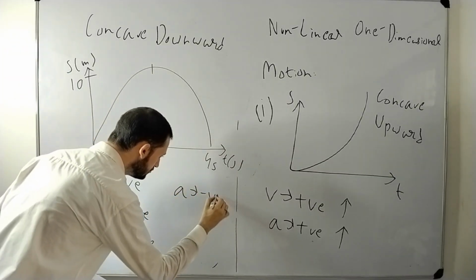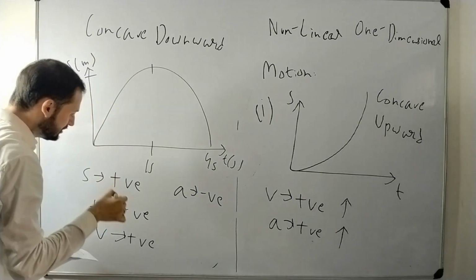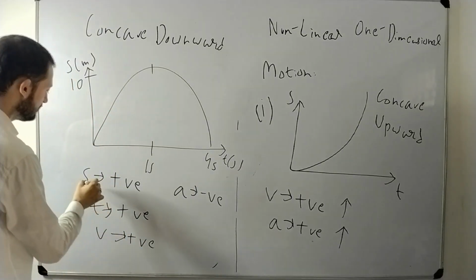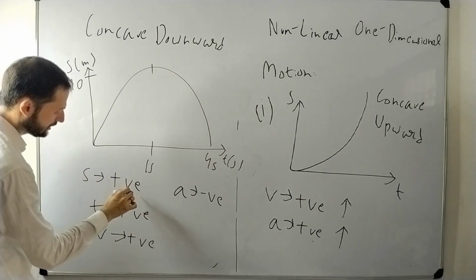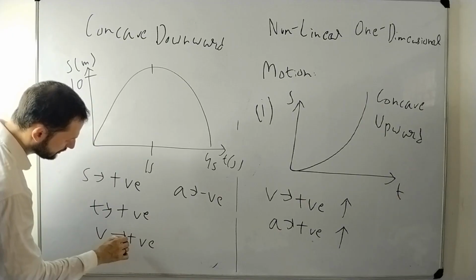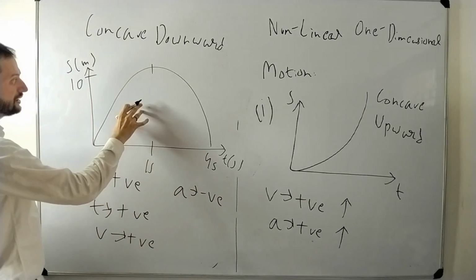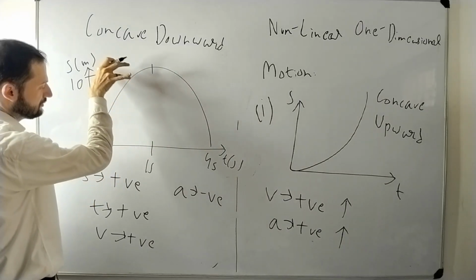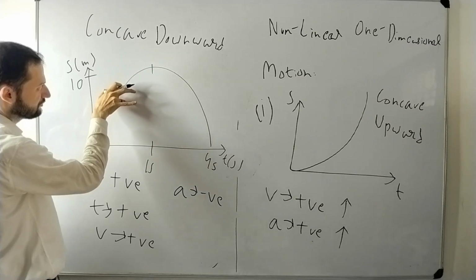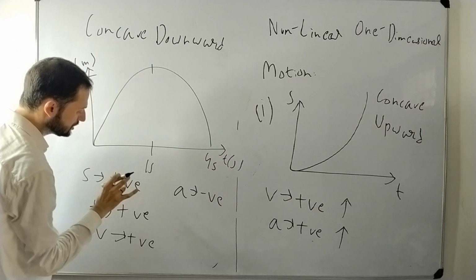Acceleration is negative. You would ask, sir, velocity, how come? Because displacement is on the positive y-axis, velocity comes out to be positive in general. I have not taken the y2 minus y1 case here. I have just given you the general criteria of concave downward, not everything in detail.